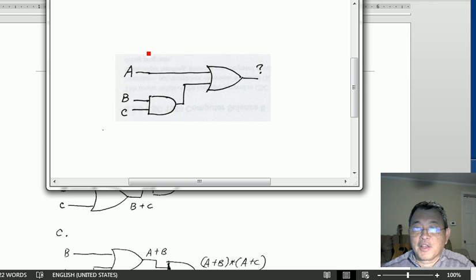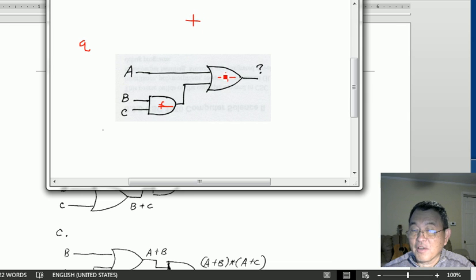So I decided to give a hint for the first question of every problem. This is the second problem. I wanted you to get from the diagram to the Boolean expression. The trick is realizing this is actually OR, and that is AND. So you go from the rightmost, and you put this OR first.